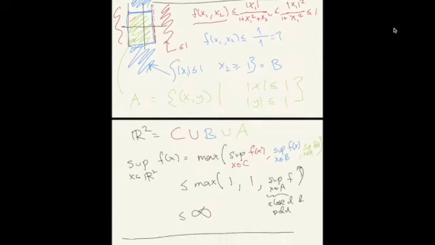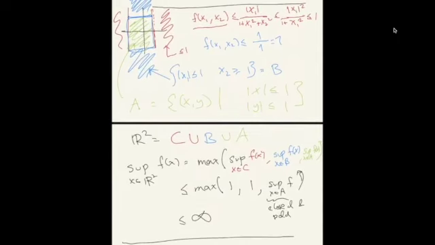So what we can get is that the supremum of the function is the maximum of the suprema on the red set, the blue set, and the green set. And why this is the case is that every point in R^2 is either an element of C, or in B, or in A. In other words, R^2 is equal to the union of those.